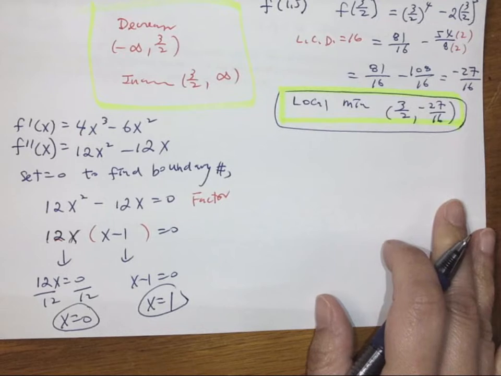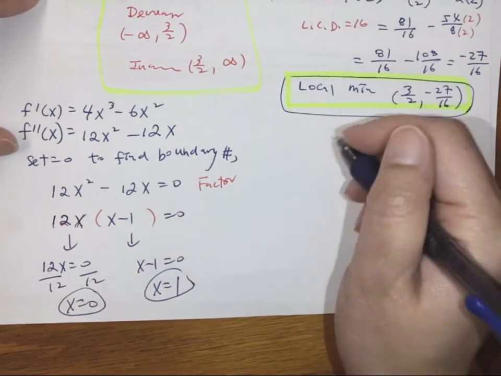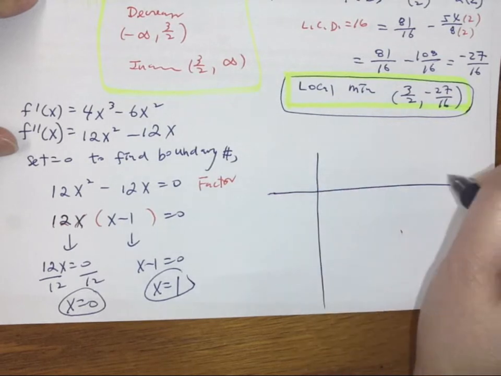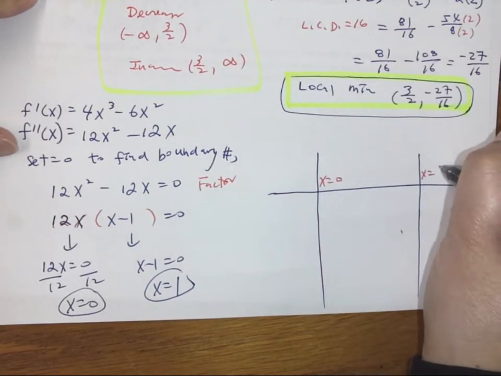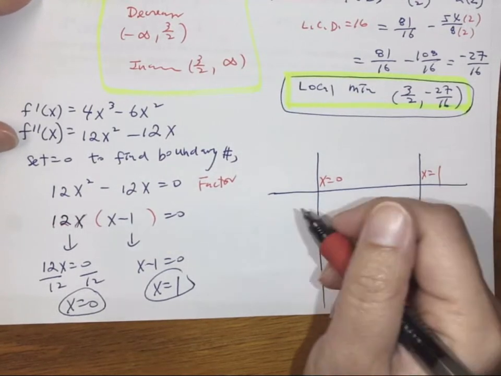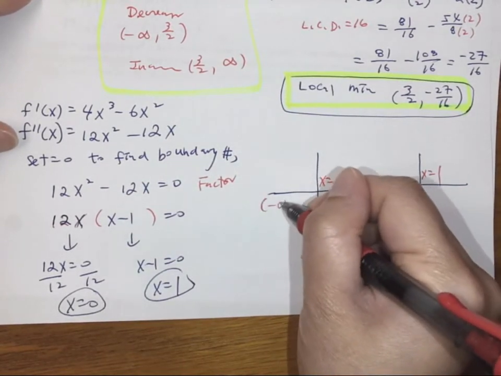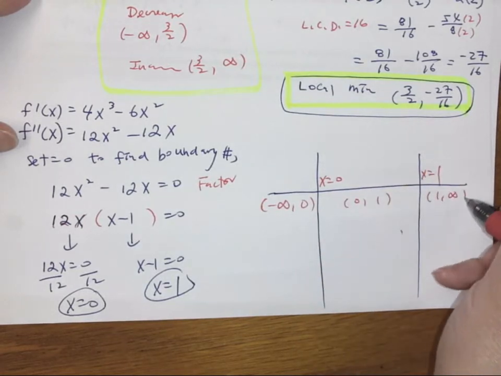So I got 2 points for the concavity to check. So let's do it here. One is x equal to 0, one is x equal to 1. And then we have negative infinity to 0, 0 to 1, 1 to infinity.